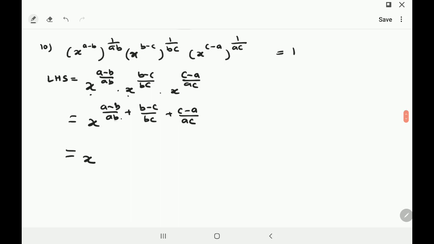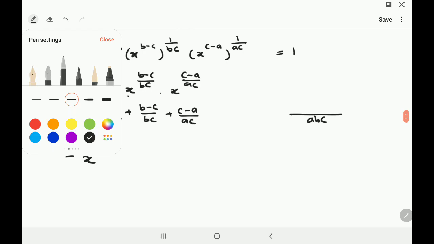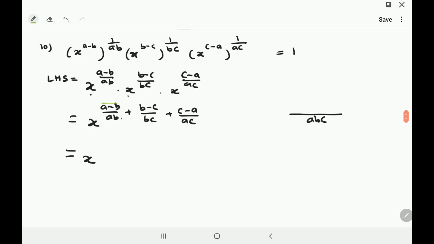Check, if I take ABC as a common denominator, don't you think I need to multiply this by C, this one by C, this one by A, and this by B, right? And that's the way I'm going to do it here.